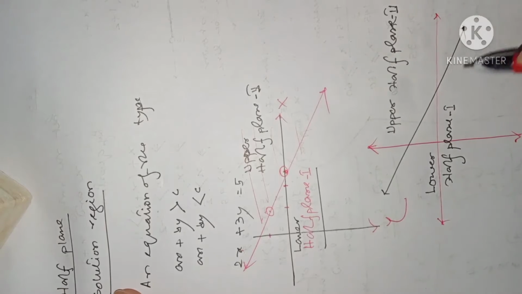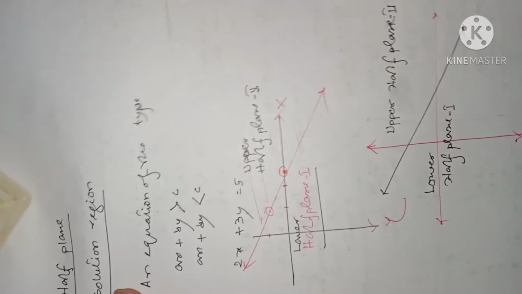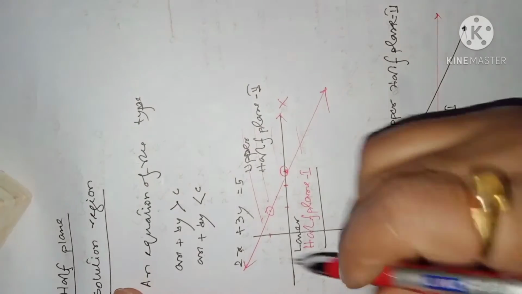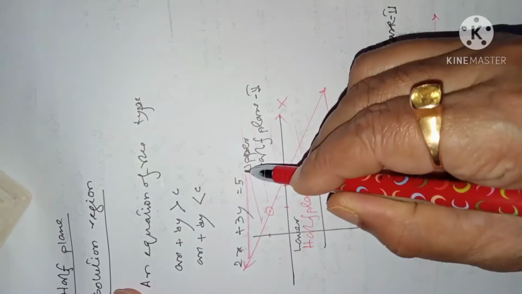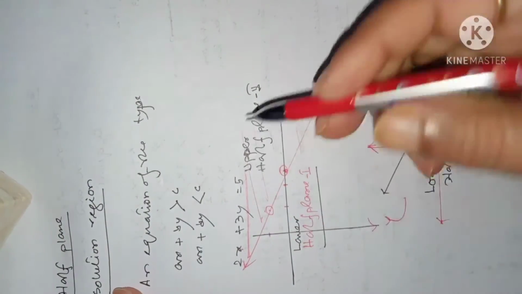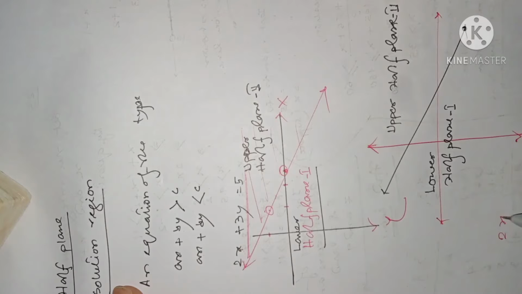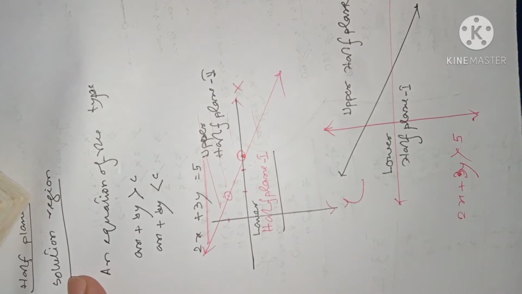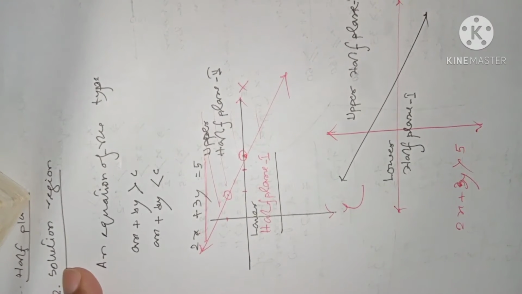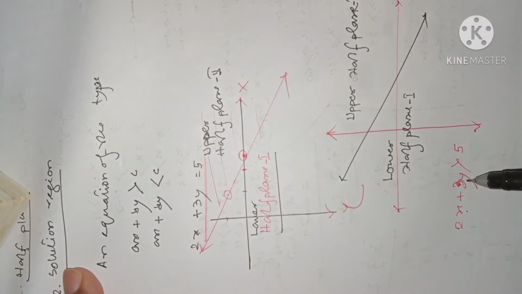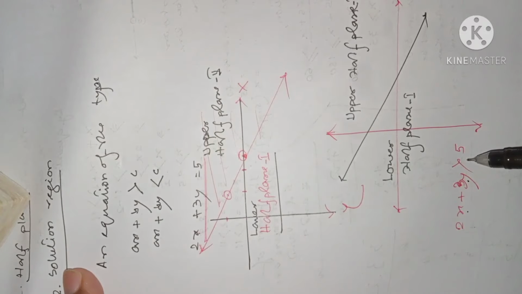Now why did we bring this point into our discussion? See, if we convert this equation into an inequation, 2x plus 3y greater than 5, then whatever you insert here, that sum should be greater than 5.